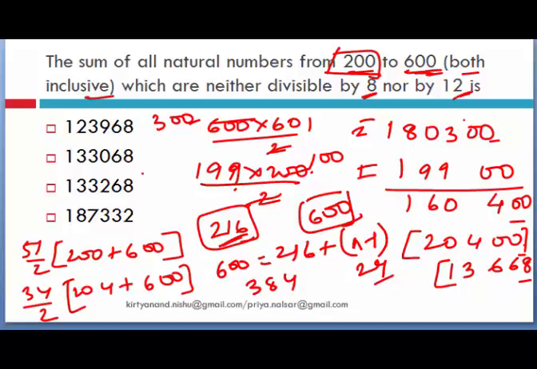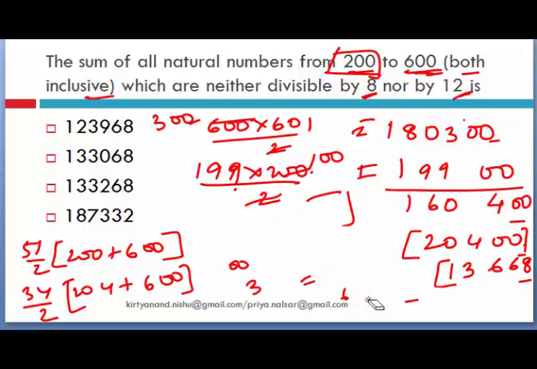And so accordingly we will find out the number of terms here, which is n minus 1. So this will be 16 and n will be 17. So there are 17 terms between 200 and 600 which will be divisible both by 8 and 12.